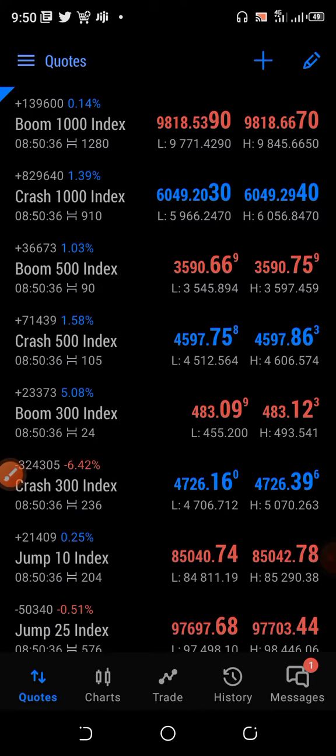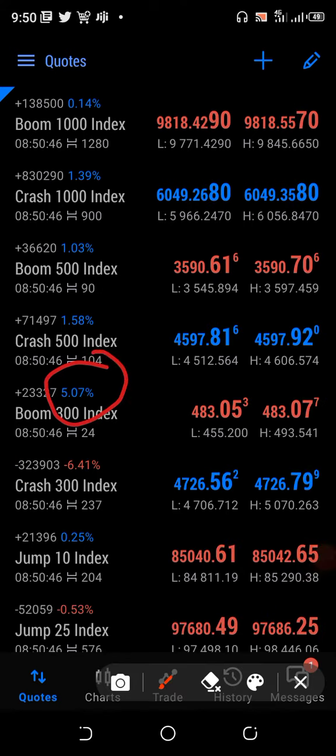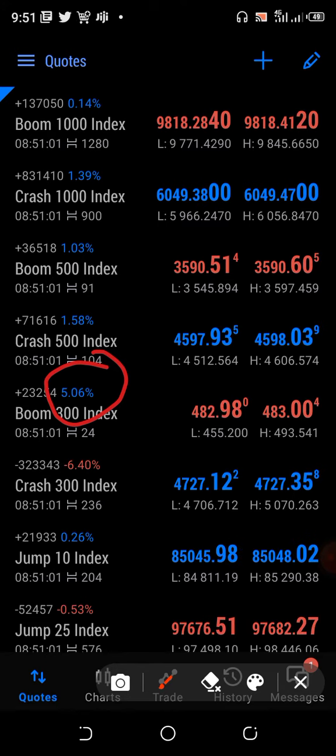Now let's go straight to Boom 300 and see how true this thing can be. Remember that we have 5.8 here, which means that most of the market will be on a bullish movement, which means that this market has been spiking for a long time, which means it will be dropping.